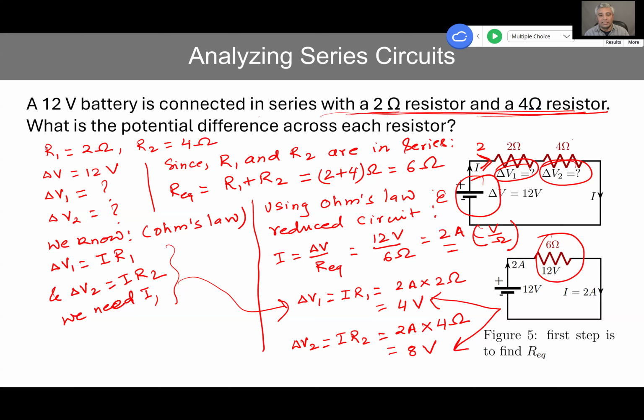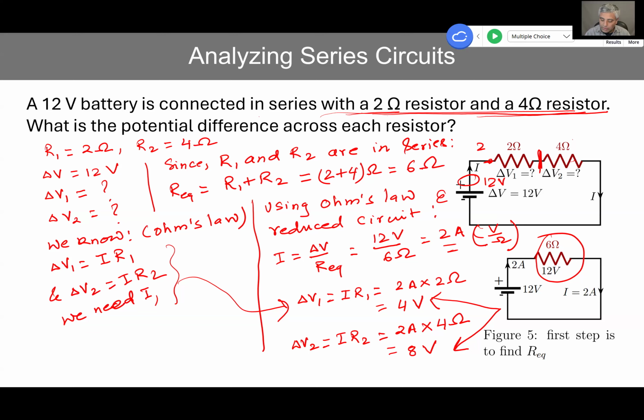It makes sense. Remember, this is the potential energy per unit. It is potential energy of the charge. So that means this charge goes energetic here. So it starts with 12 volt potential. And then when it arrives here, what happens?